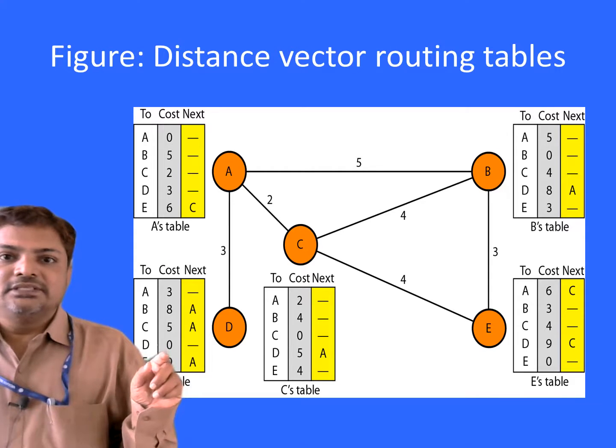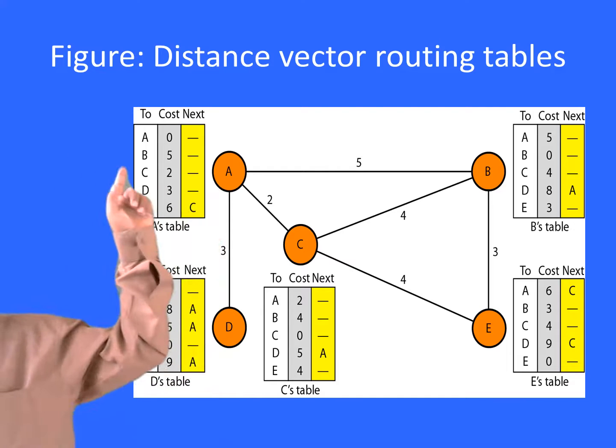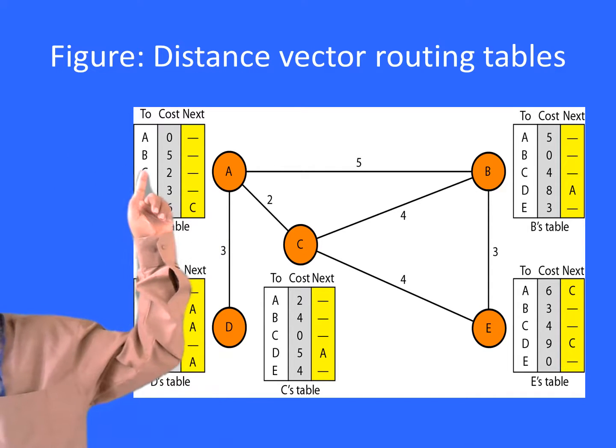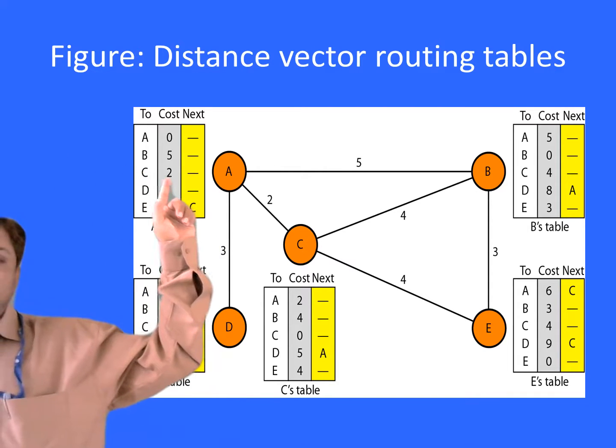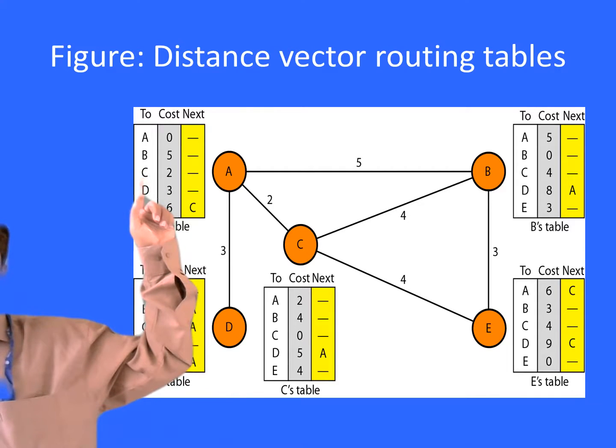So the A table says that for A to A, the cost is 0. To go from A to A, the cost is 0, and the next node is dash. There is no next node.